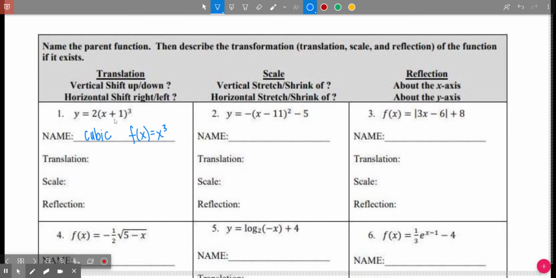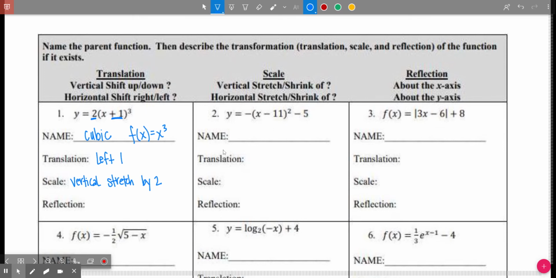And then I identify the transformations based on the equation. I'm multiplying outside, so that is a vertical stretch by a factor of 2, and I am adding inside, so that is a horizontal shift left 1 unit.